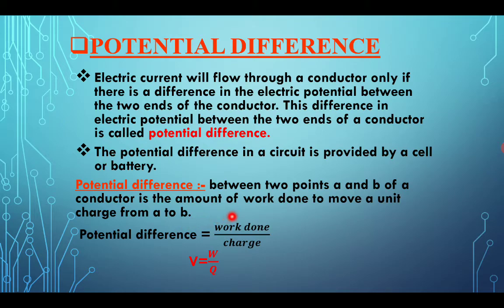So this is the amount of work done in moving a charge from position A to position B, and hence the formula for potential difference is work done per unit charge. It is the amount of work done in bringing a charge from one position to another.